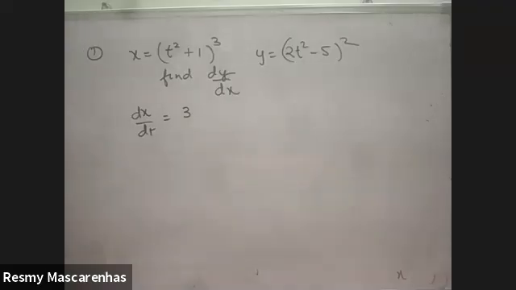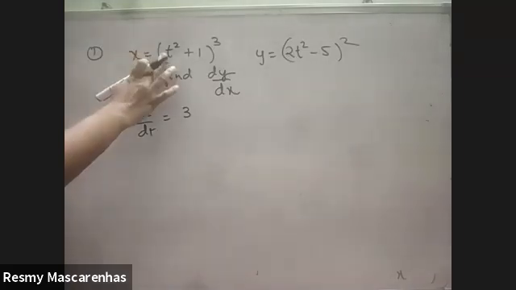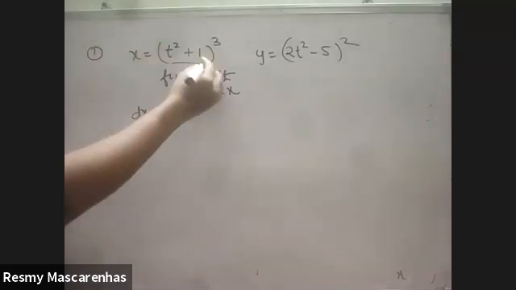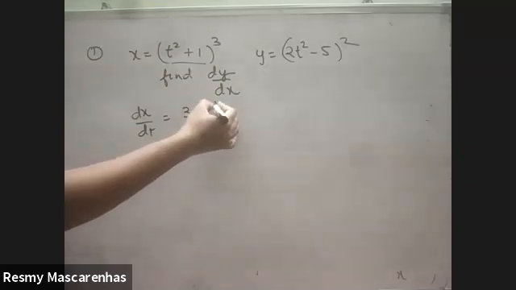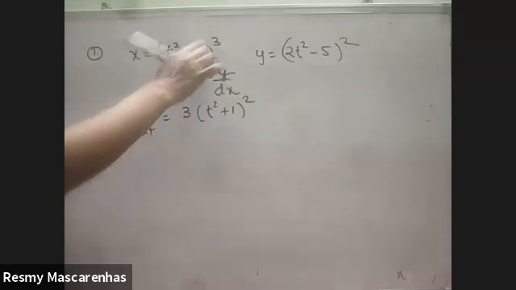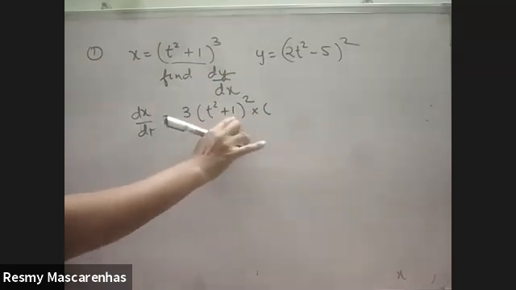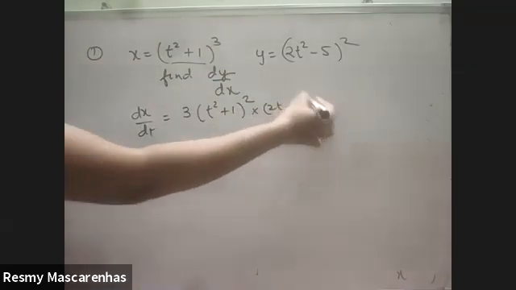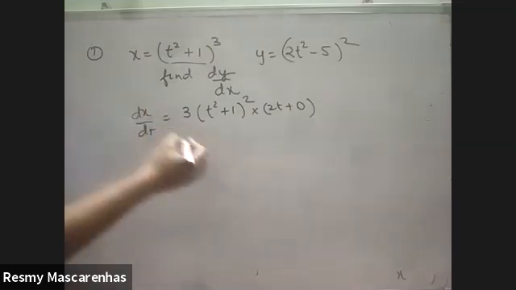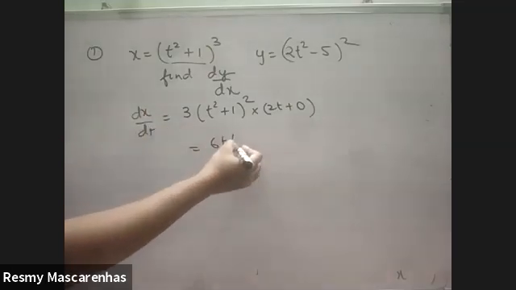This is like x the whole cube. First it will be like this: x cube will be 3x square into extra derivative of what is inside. So this is 6t.